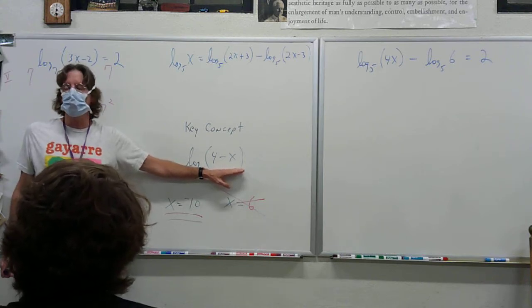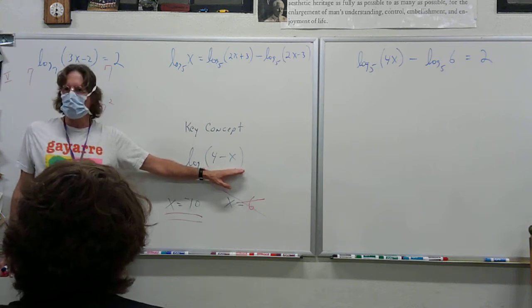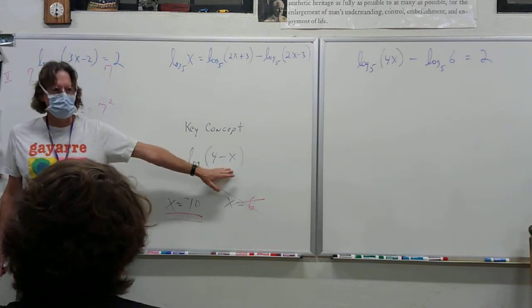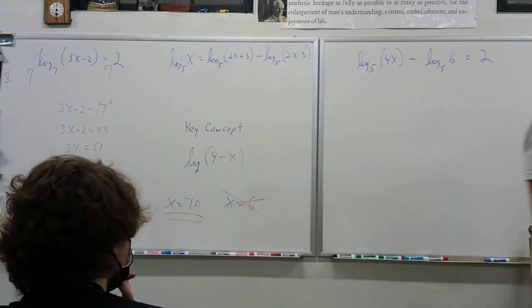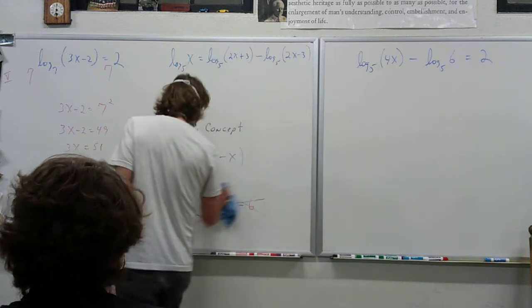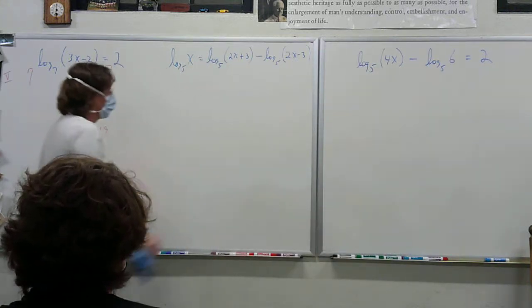And where do you have to substitute it back in to test it? The original. Do you have to work it all the way out? No, you just got to make sure it's not going to have you taking the log of a what? Negative. All right. Now, I sometimes forget to teach that. Yes, you can take the log of negative numbers, but not now. We're not doing it.